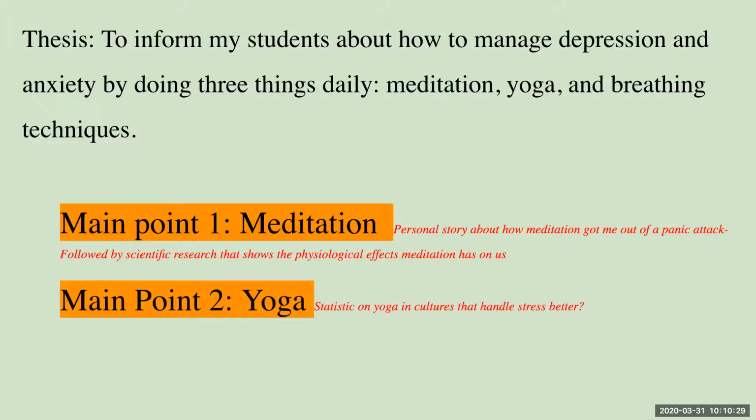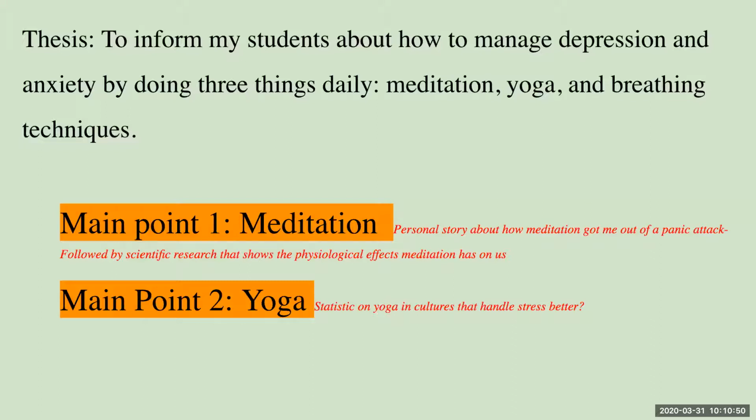Now, my main point too is yoga. So I still want to use research, right? Maybe I start with a statistic on how yoga is being used in certain cultures. I don't know, maybe certain cultures that use yoga handle stress better, and maybe I could find a research study that correlates those two.